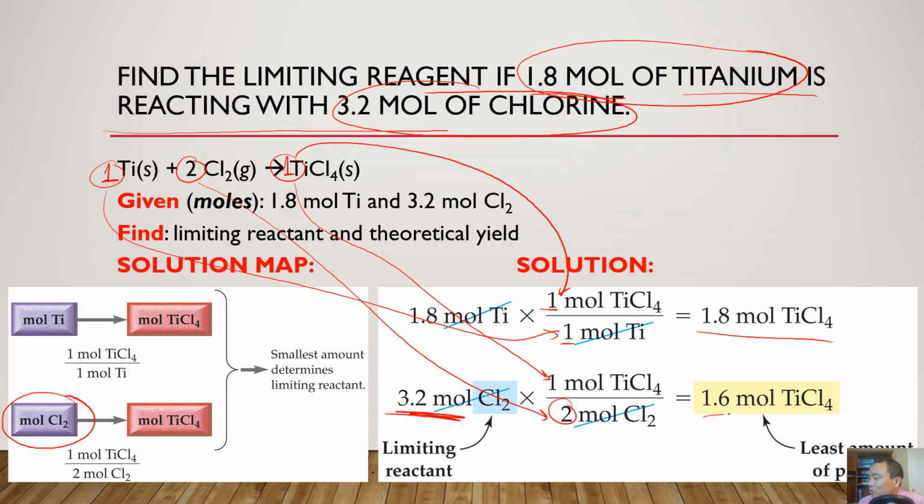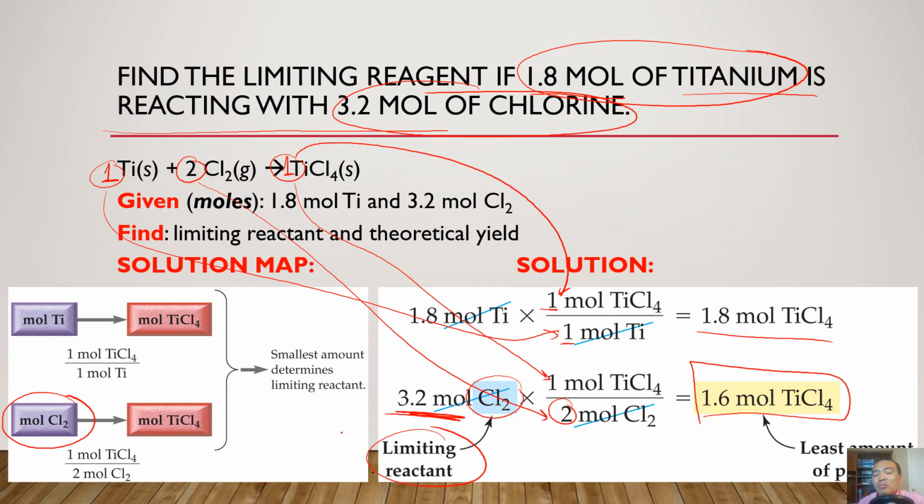You find out 1.6 moles of titanium tetrachloride is produced. Because it's a lesser amount, chlorine is the limiting reagent. And we also know 1.6 mole of TiCl4 is produced.